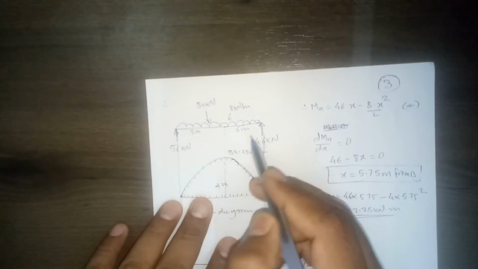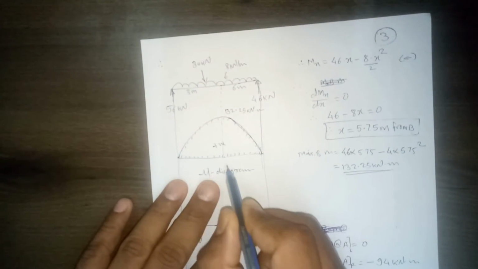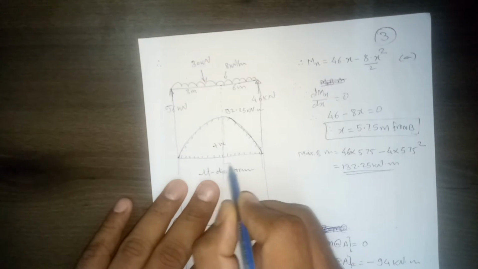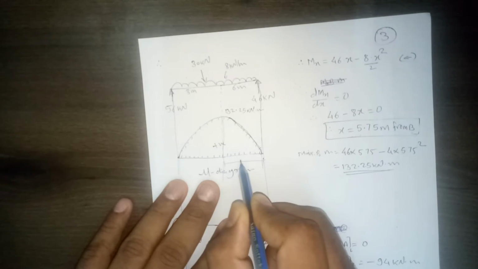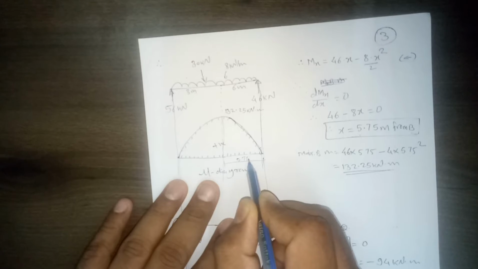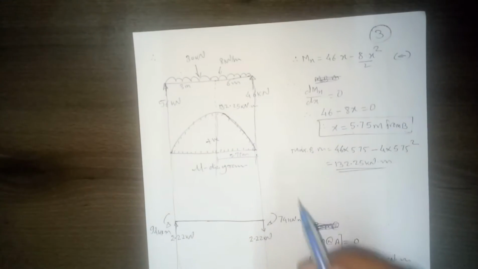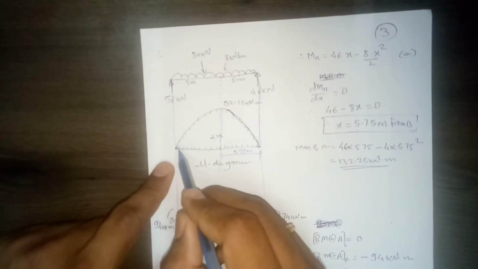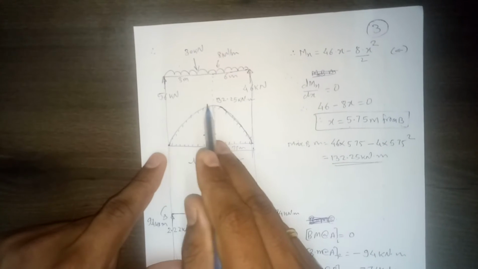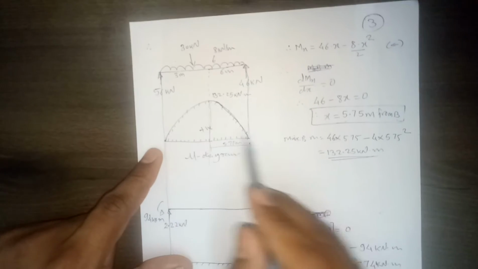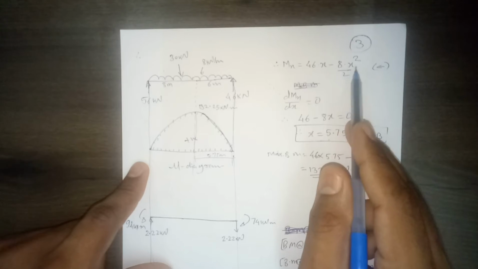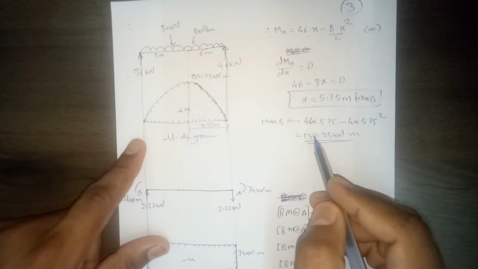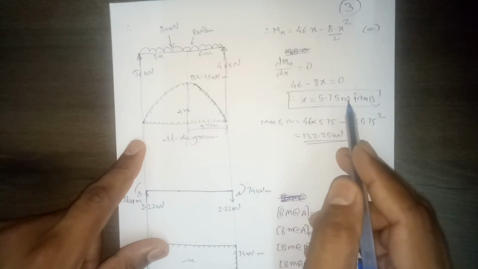So this peak is at a distance of 5.75 meter from support A, right? And then simply you connect this point, so we will calculate this maximum value. Again, in this equation of Mx, we have to substitute x equal to 7.75.